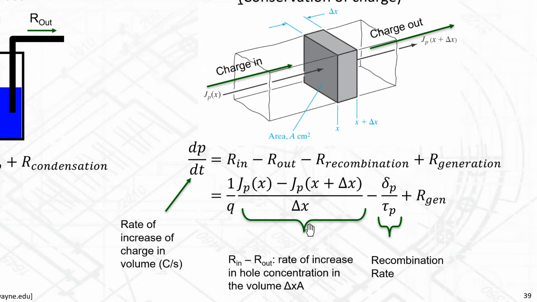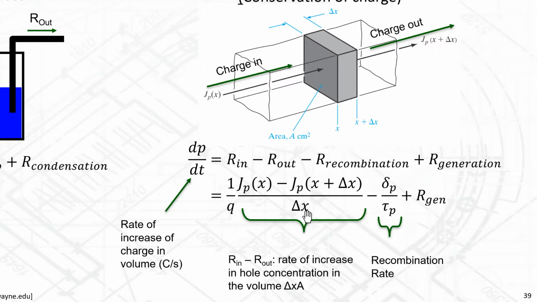Amps per centimeter cubed, because that's the charge in the volume. We're talking about this volume, okay? Now, when we take that and we divide by Q, what are the units we're getting here? 1 over centimeter cubed. No, this is amps per centimeter cubed.